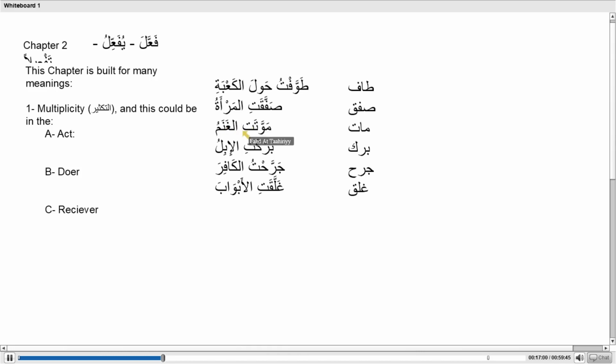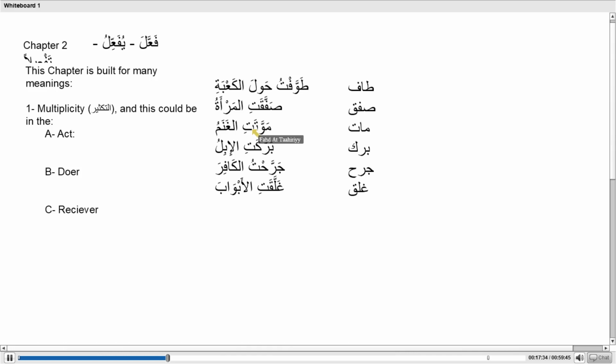Clear? So if you say موتت الغنم, ماتت الغنم, عفوا. If you say ماتت الغنم, you say the sheep died. The sheep died. طيب, how many? Does it show that a lot of sheep died by you just saying ماتت الغنم?